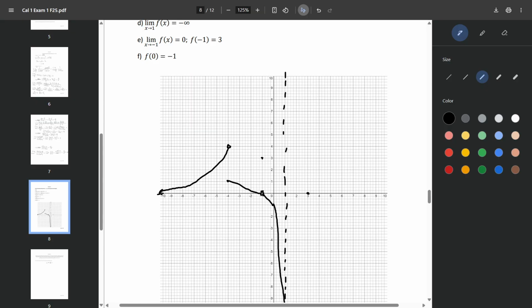And so we have a vertical asymptote right here because of this value of x approaching 1 going to negative infinity.